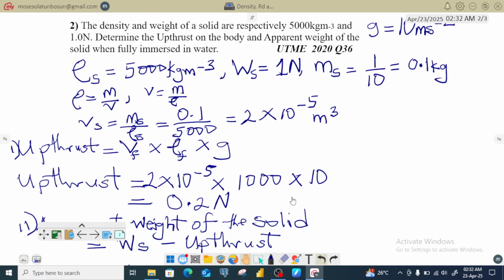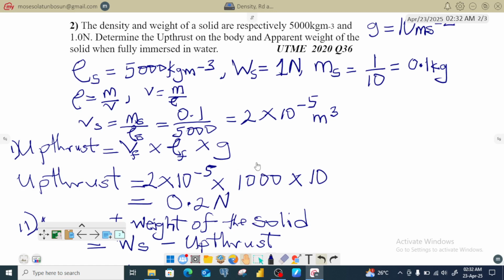And I also explained that if a fraction of the body is immersed in the fluid, that fraction of the volume of the body will be equated to the volume of the fluid displaced. And we calculated our upthrust using the formula volume of the fluid displaced multiplied by density of the fluid multiplied by acceleration due to gravity, and that gave us 0.2 Newton.